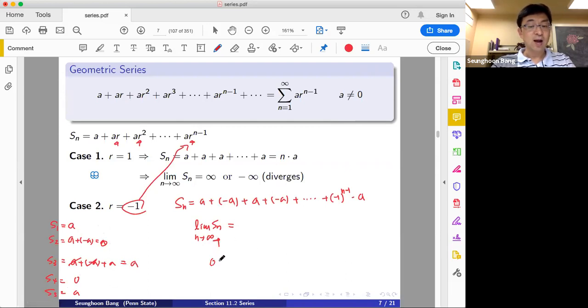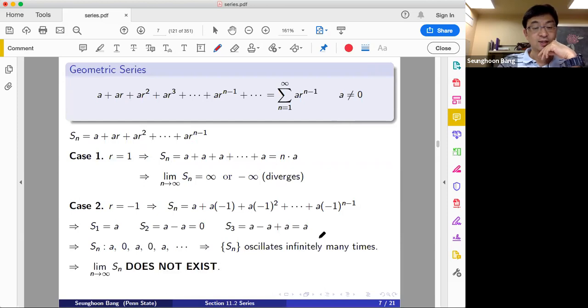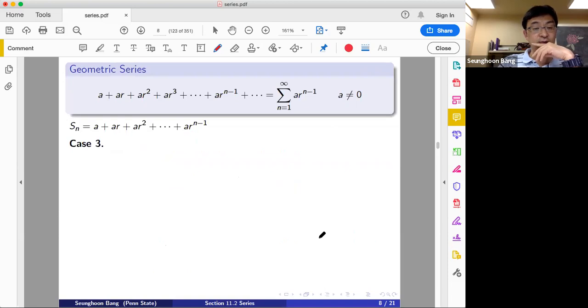Yes, this is oscillating. The limit does not exist. So what's that? Divergent. Yeah, so the limit does not exist, it diverges.